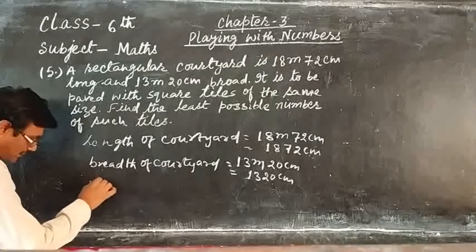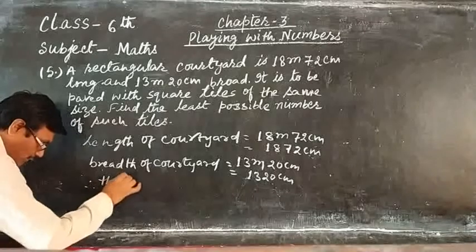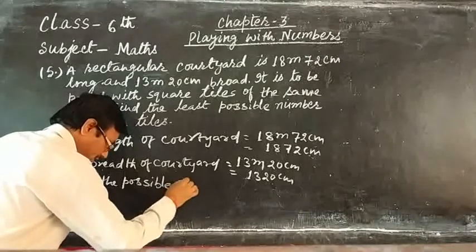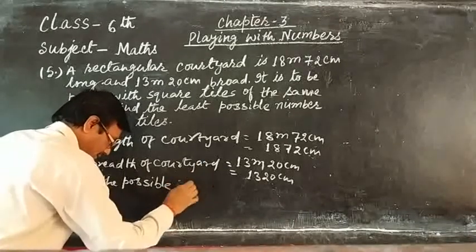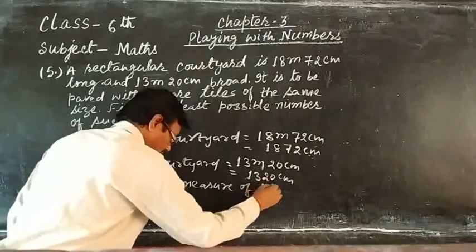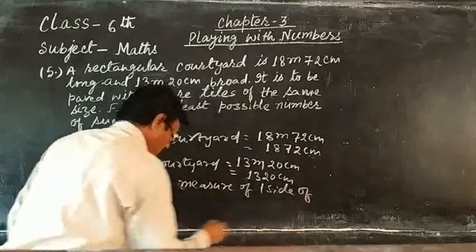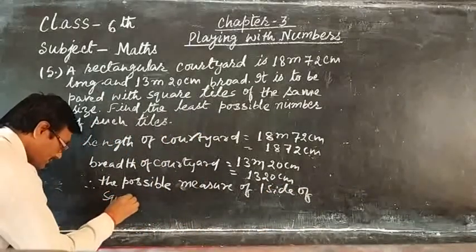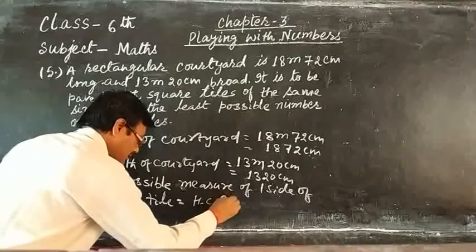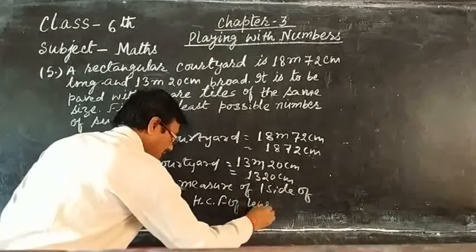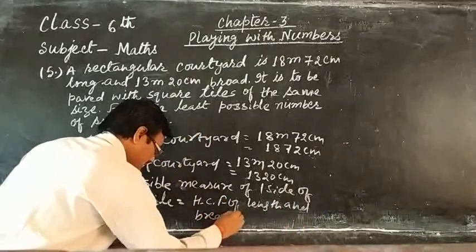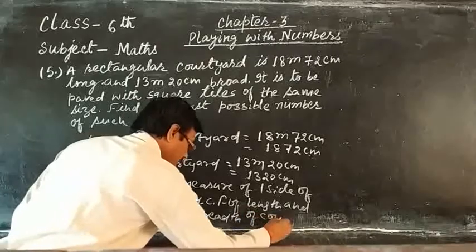Therefore, the possible length measure of one side of a square is equal to the HCF of the length and breadth of the courtyard.